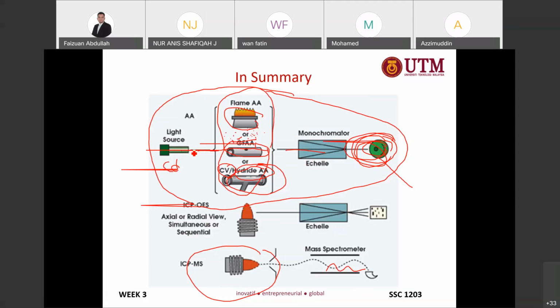Because the light source is in the form of a spectrum similar to cadmium, it can only be absorbed by cadmium. If there is no cadmium inside the sample being atomized, the detector will give the signal to the computer that the concentration is zero. Understood?